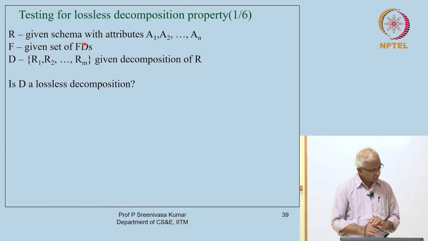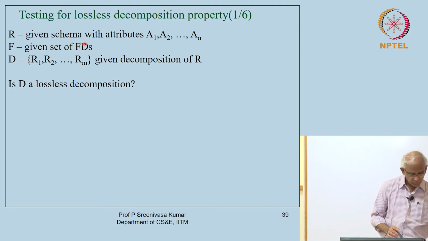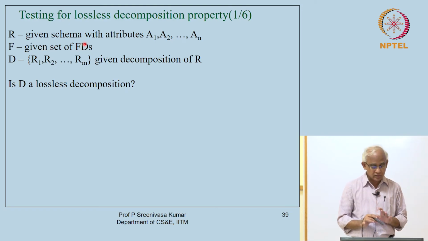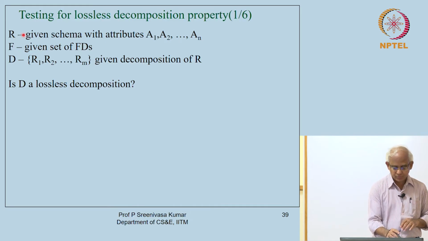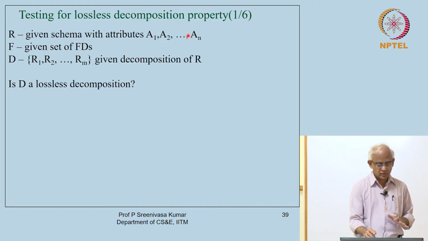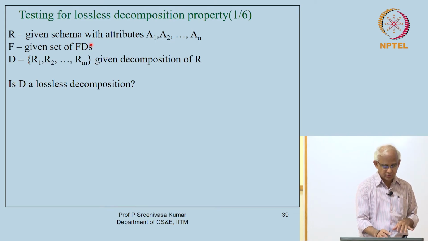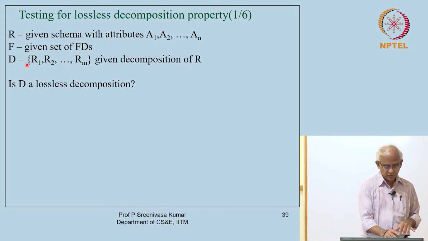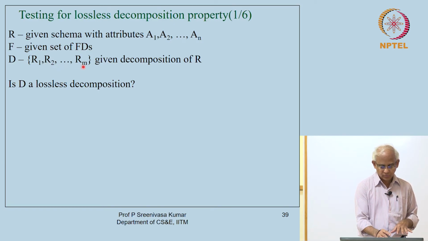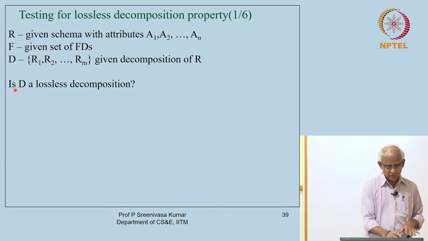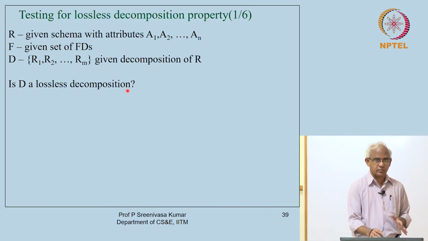It turns out that we have an algorithm that can check whether a decomposition is indeed lossless or not. Okay. So, given some scheme R with attributes A1 through AN and given some functional dependencies F, the decomposition R1 through Rm, we are going to answer this question: is it a lossless decomposition?